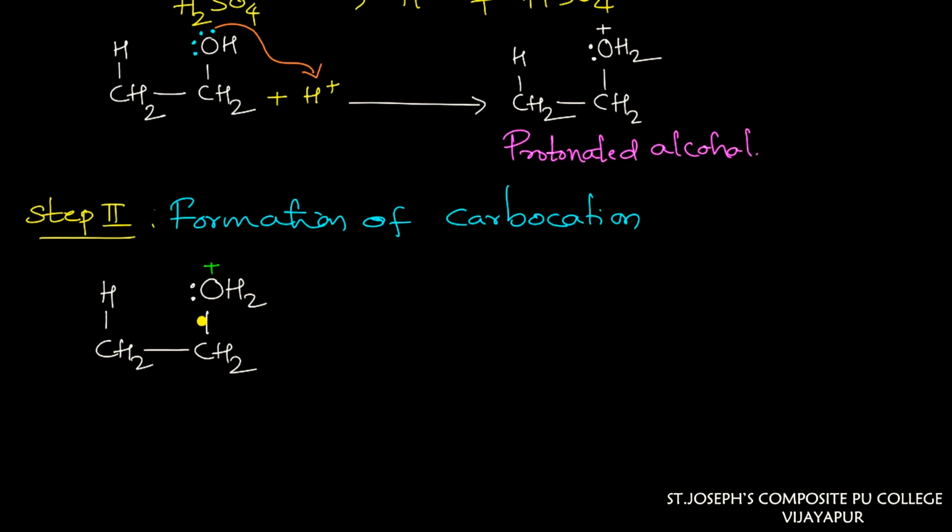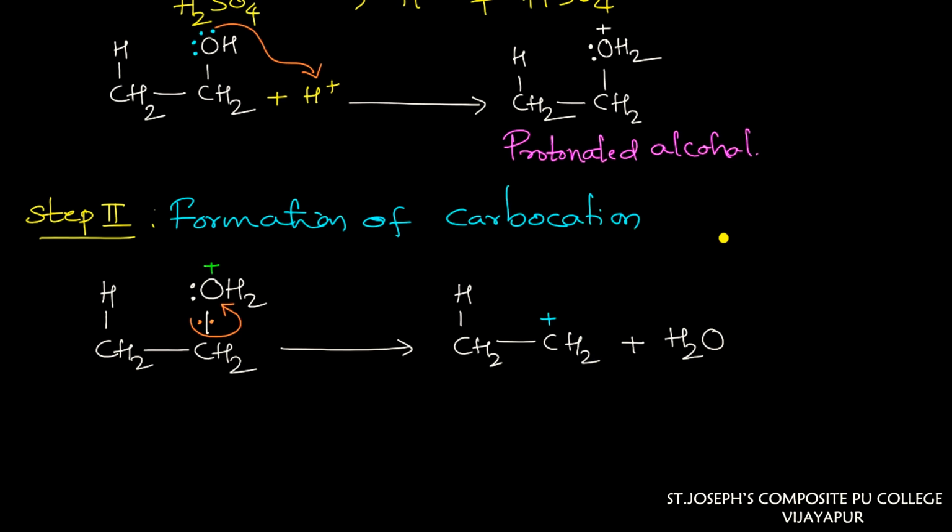Between the oxygen and carbon there are bonding electrons. These electrons migrate towards the oxygen, forming a carbocation, CH3CH2+, with the positive charge on the carbon, and along with that we get the product H2O.